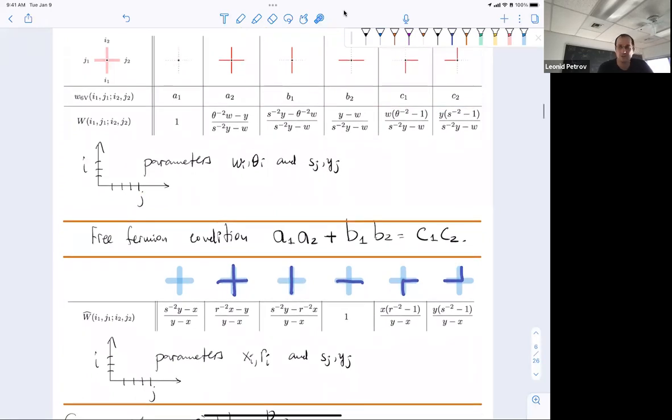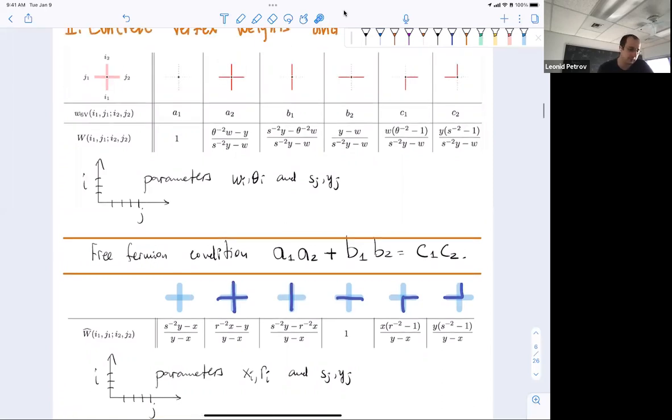So there are essentially 4 parameters, but the weights depend on their differences. So if you add a constant to all the parameters, it doesn't matter. But because we are in the full lattice and the parameters actually depend on the horizontal and vertical coordinates, there is only 1 degree of freedom here over the whole lattice. But at each vertex, there is the free fermion condition, but there are 4 parameters at each vertex as well.